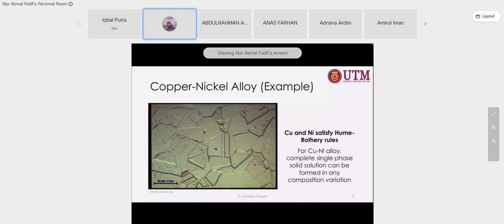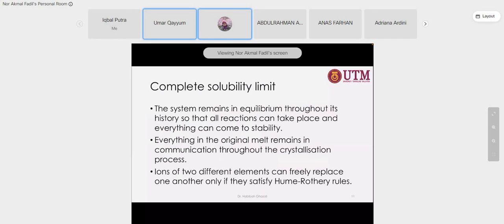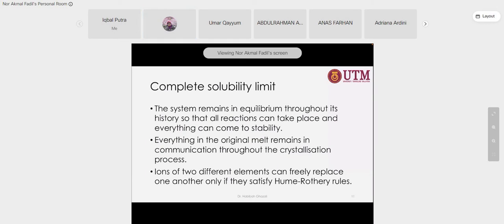Okay, hello, yes. Nak tanya yang apa maksud dia, the system remains in equilibrium. Equilibrium means that, let me give some example for that.